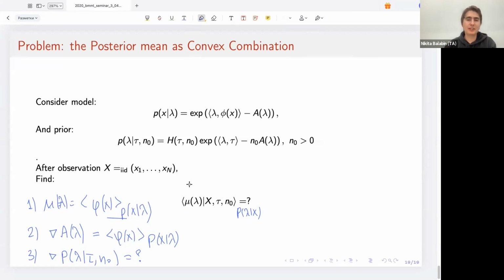So it is equivalent to finding the following expectation. And to find the following expectation, you should use this hint. You can try different ways, but I think that this is the most convenient way.